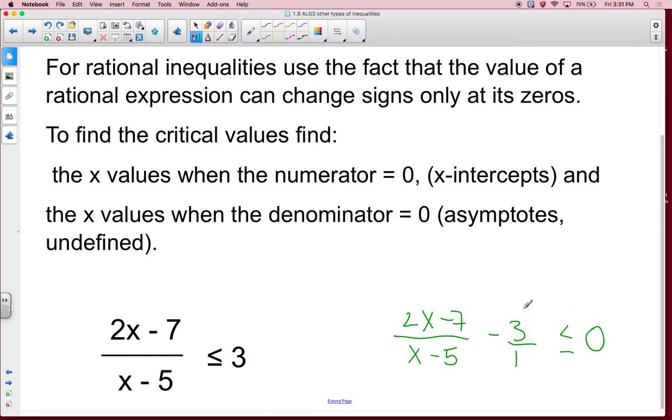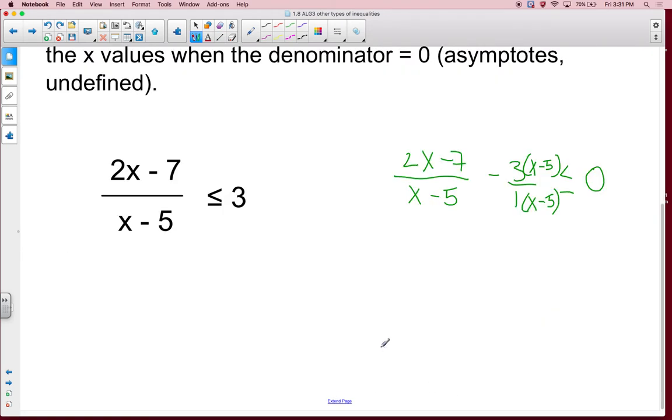Okay, I'm going to get a common denominator here by multiplying the top and bottom of this fraction by x minus 5. By doing that, I'll have one fraction here. So I'll have 2x minus 7. I'm going to distribute in this negative 3 here. So I get negative 3x plus 15 all over my common denominator of x minus 5.